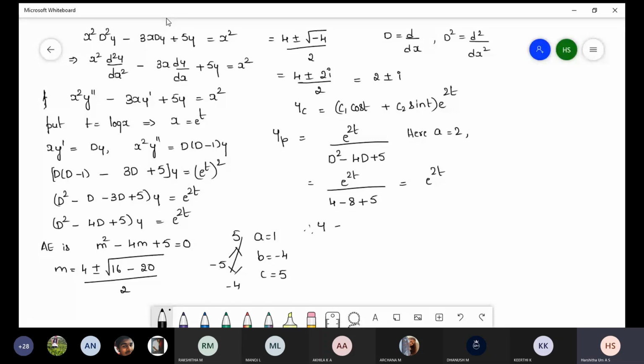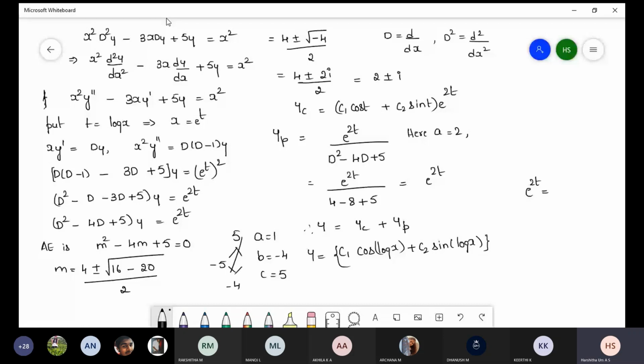Therefore y is equal to yc plus yp. So c1 cos of log x, c2 sin of log x, again e power 2t, that is nothing but e power 2 log x, that we can write e power log x square.